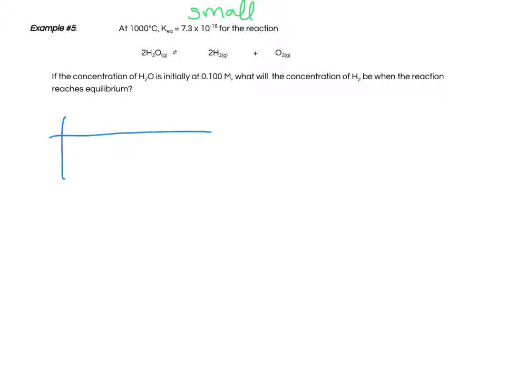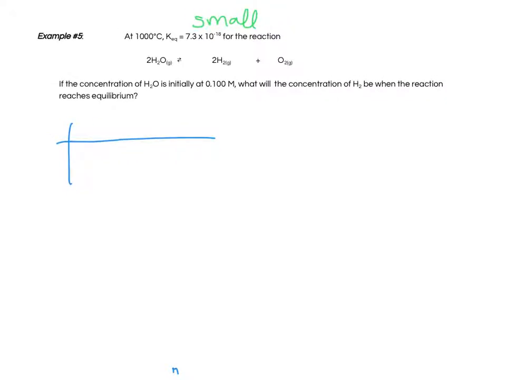So that's what I'm going to do. 2 H2O reacts to produce 2 H2 plus an O2. And so my initial concentration, my change in concentration, and my equilibrium concentration are going to be what I need to consider to build this ICE box.